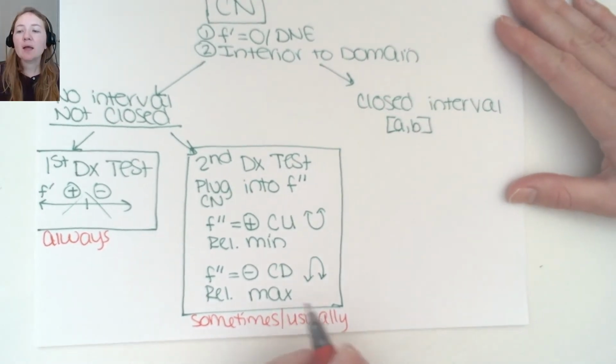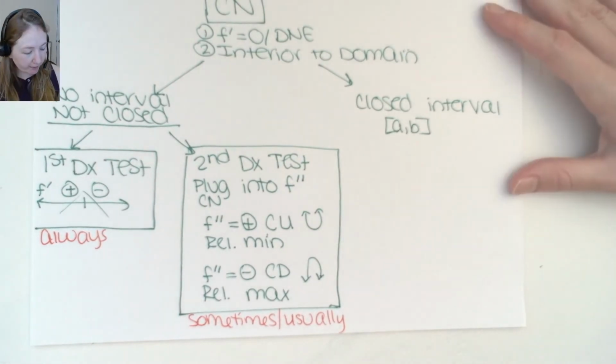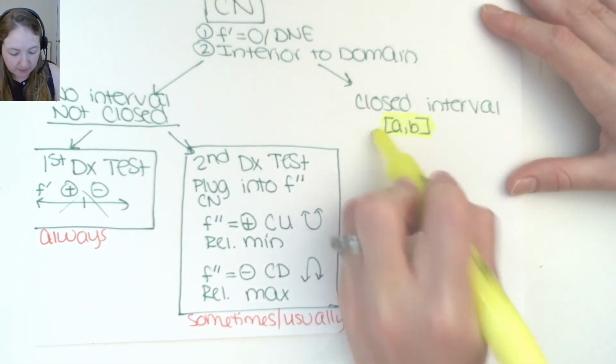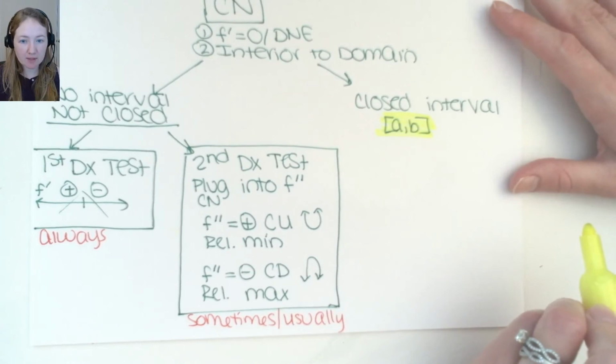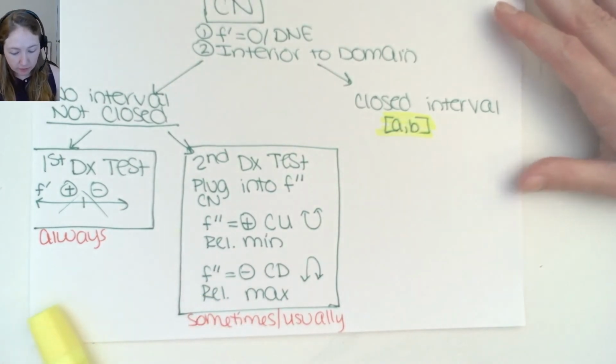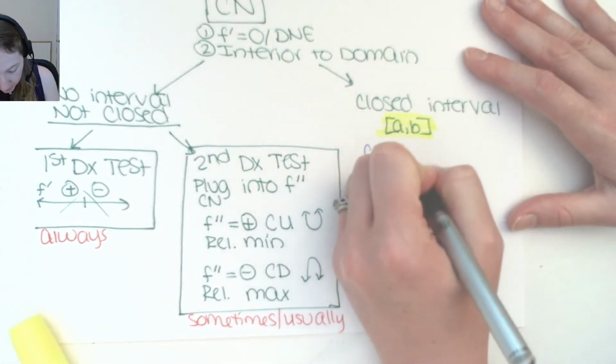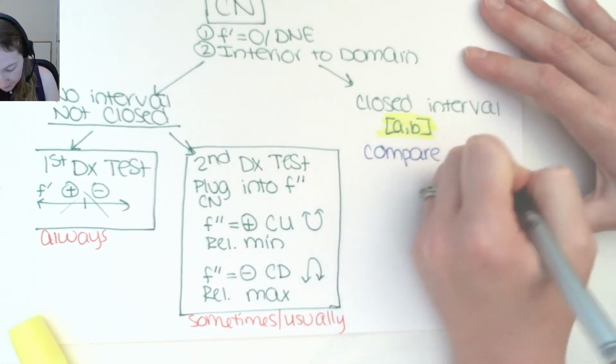All right. Now, what we're doing in this section is we are thinking about a completely different scenario. We are now thinking about it when it is a closed interval A to B. And when you have a closed interval, you're not going to have a first derivative or a second derivative step. What you're going to do is simply compare the y values.